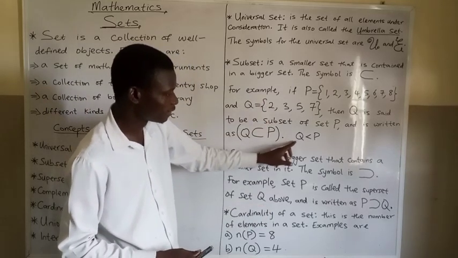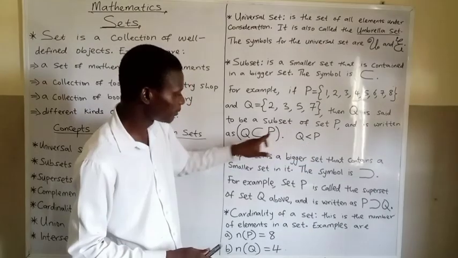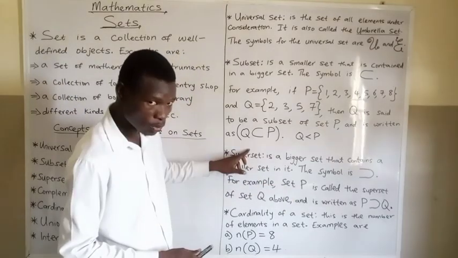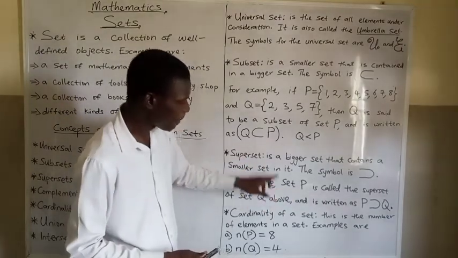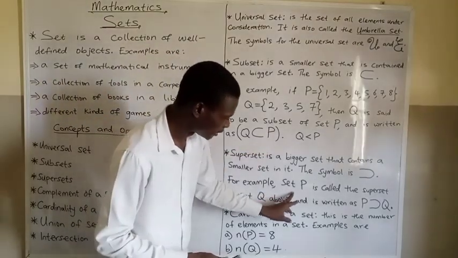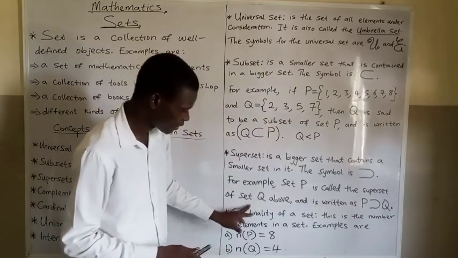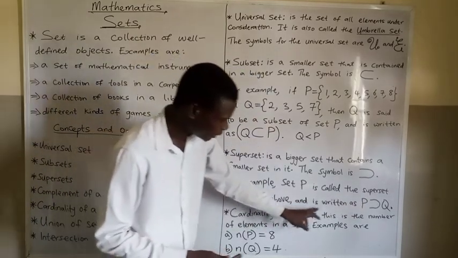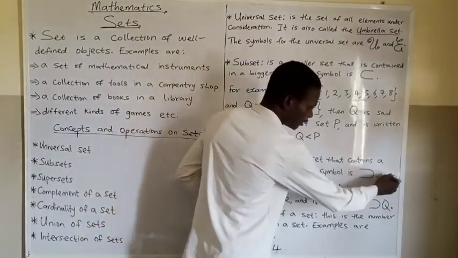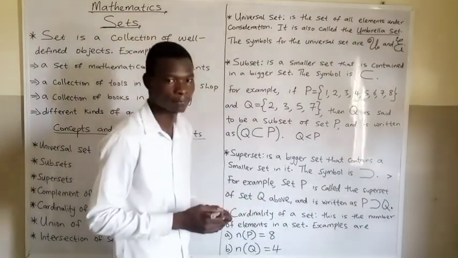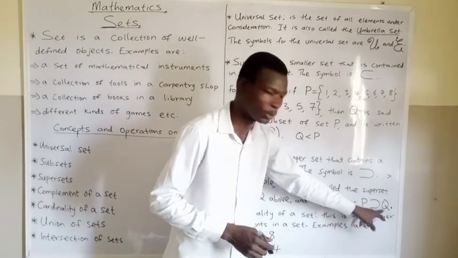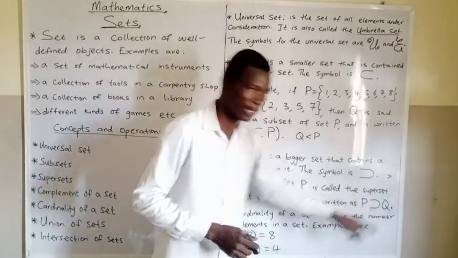We say set Q is less than P, so Q is a subset of P. But this time around, P is greater than Q. And in that manner, we say P is a superset of Q. So that's why it is written: set P is called the superset of set Q, as given above, and is written as P is a superset of Q. And of course, again, see it as the symbol greater than, that is, P is greater than Q. And of course, every element in Q is also in P, as P contains all the elements in Q.